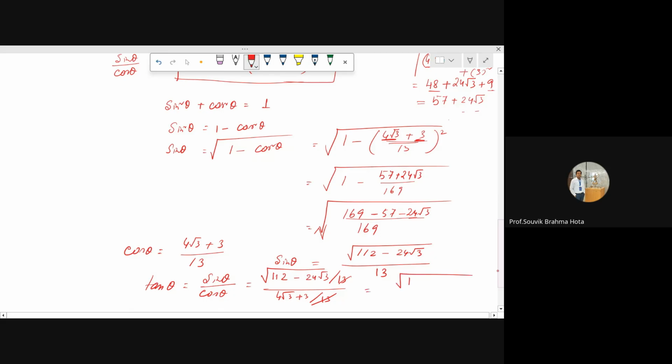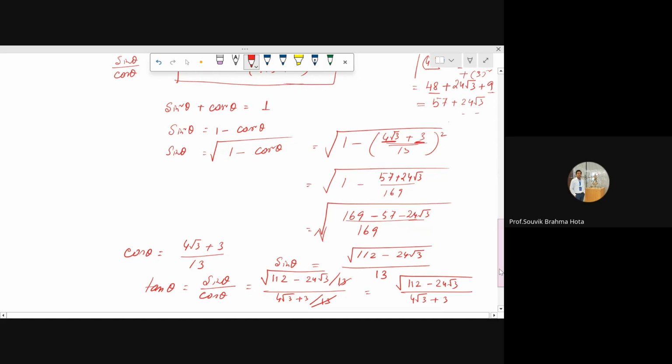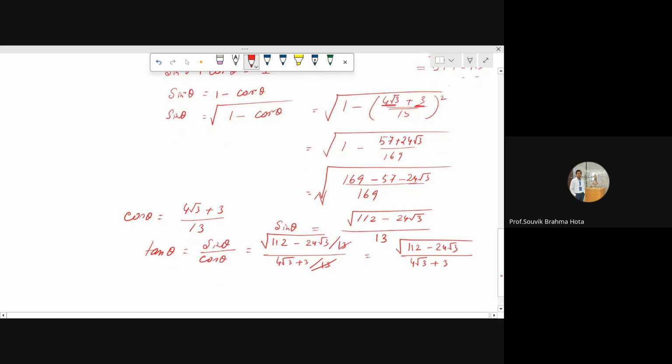Upside it will be 112 minus 24 root 3, downside is 4 root 3 plus 3. Now this is the tan theta you are getting as per our calculation.